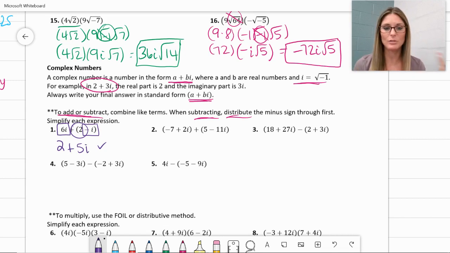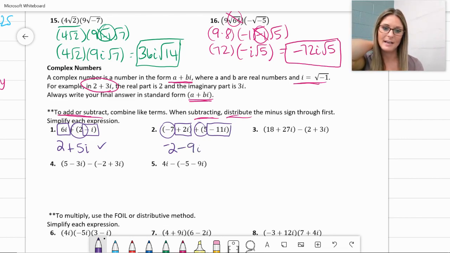Again, the grouping symbols aren't doing anything magical other than grouping, so we can drop them off, ignore them, and start to combine our real pieces. We've got a -7 and a +5, gives me -2. Combine your imaginary pieces. You got 2i minus 11i gives you -9i.